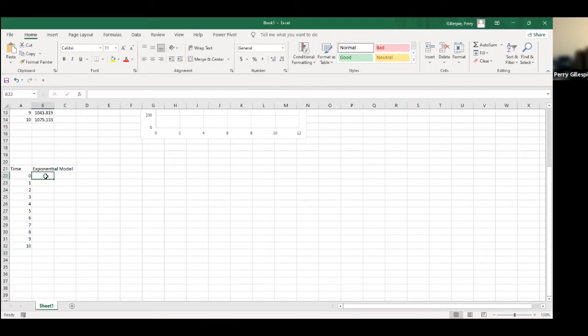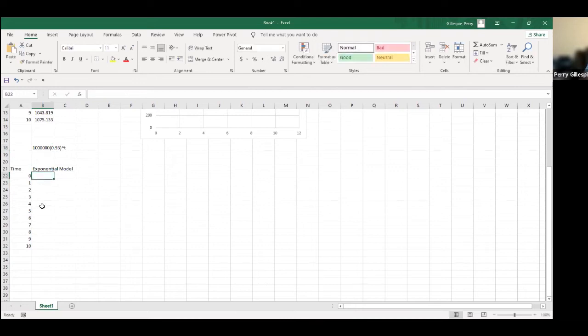Now, remember, we stated that my new equation was 1 million times 0.93 raised to the T power. So that's the function that we're going to be utilizing here.